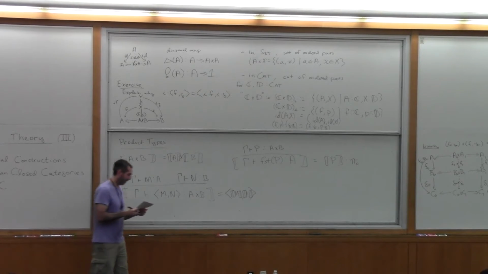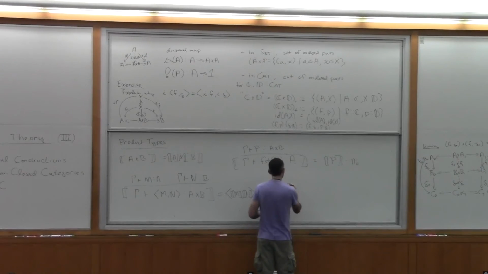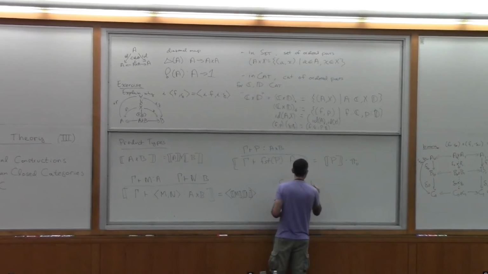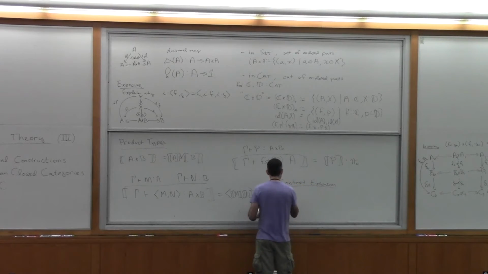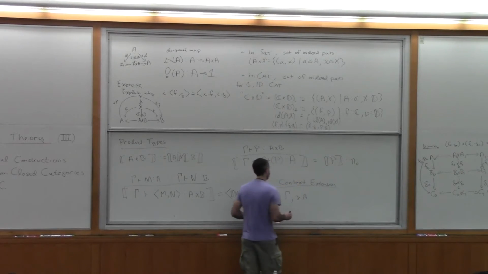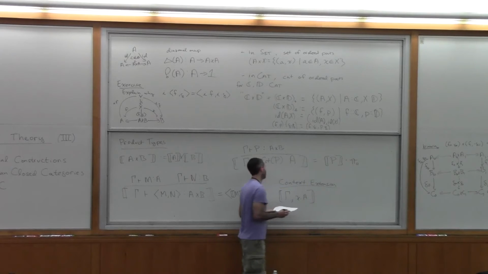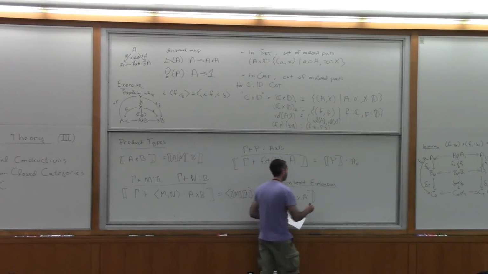Okay. And it turns out that we can do the same thing for context. So I have very little time, so let me just mention this. If I have a context already, and I want to extend it with a new binding, then I can interpret this as, remember, this has to be some object now in the category.